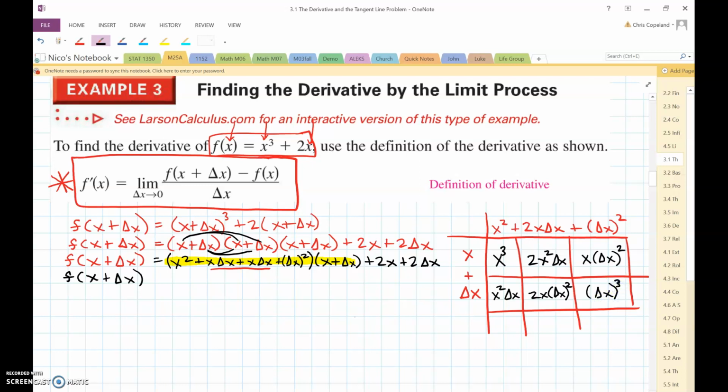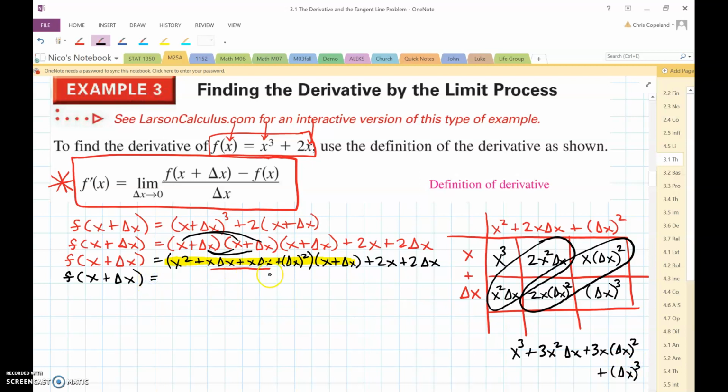So if I combine like terms, if you can see here, these are going to be like terms, and these are going to be like terms, this would end up equaling x cubed plus 3x squared delta x plus 3x delta x squared plus delta x cubed.